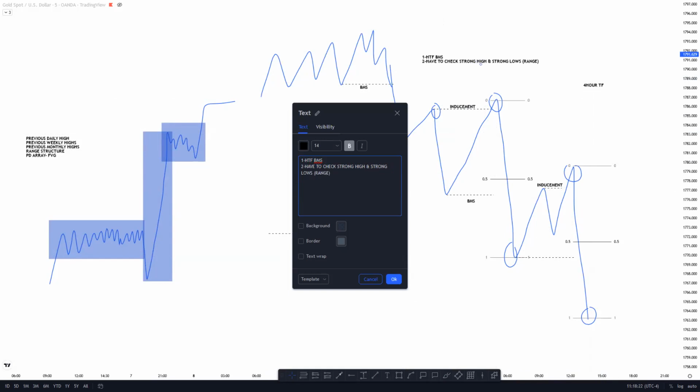And one more thing, you need to check if the range is correct or not. You have to see if price is bearish. For instance, if price is bearish, you have to check if it came inside the premium range or not.